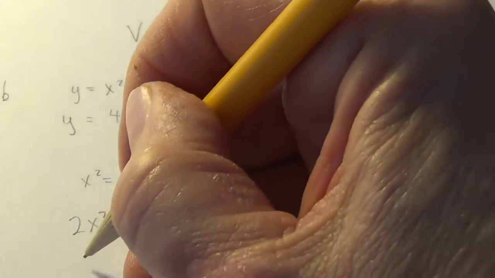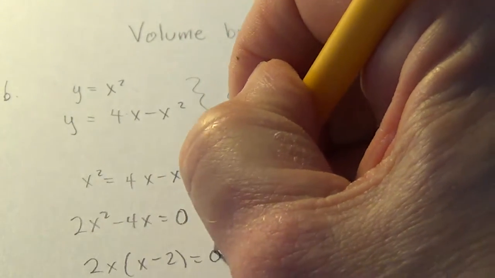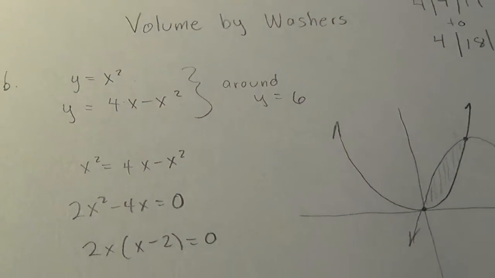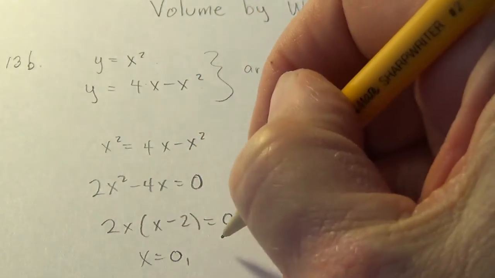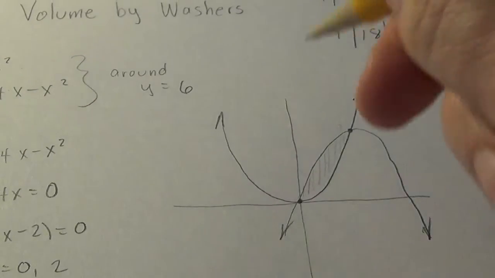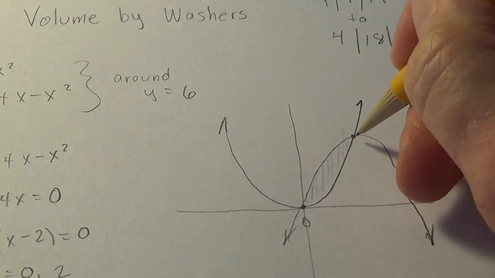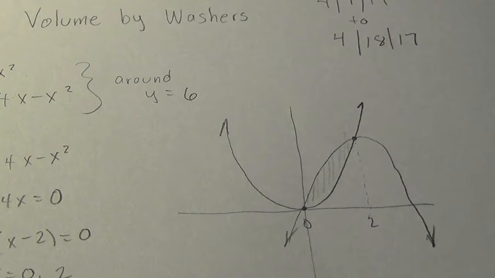Solve that by factoring. I see that x equals 0 or 2. So back over here, this point is at x equals 0 and this one is at x equals 2.